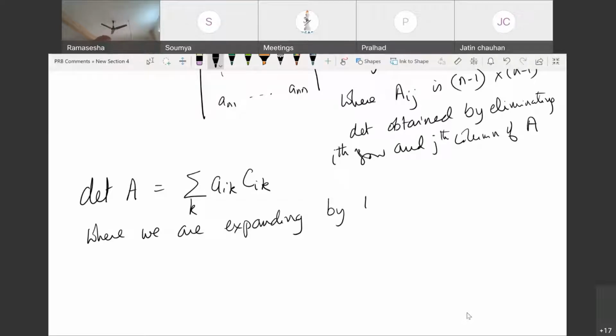And determinant A is also equal to sigma over k of Cki Aki, where we are expanding by the ith column.